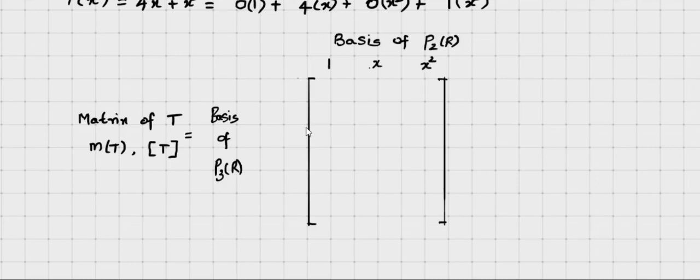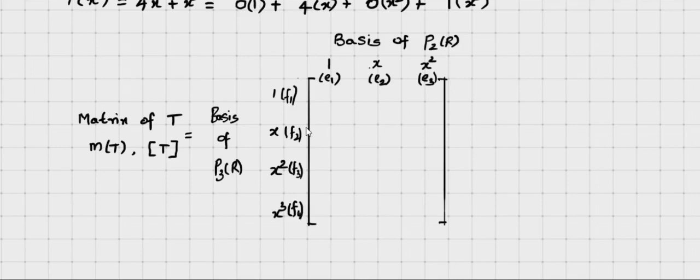This is column wise. In general, I am naming it as E1, E2, E3. Row wise, the basis of P3 of R is 1, x, x square and x cube. In general, we can name this as F1, F2, F3, F4.